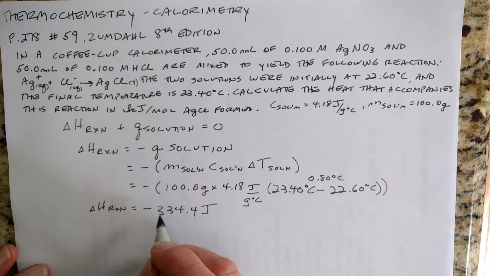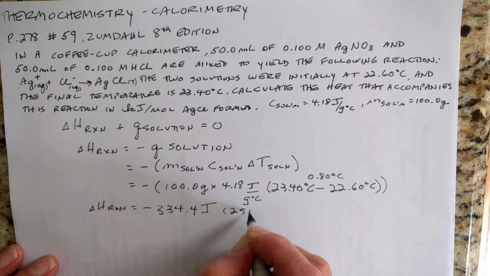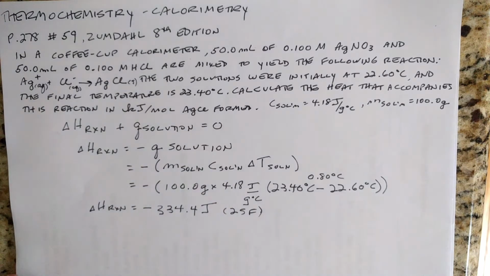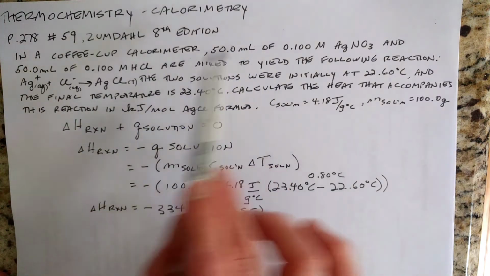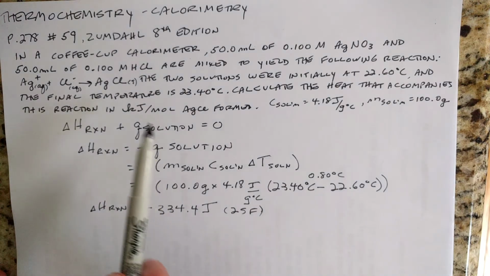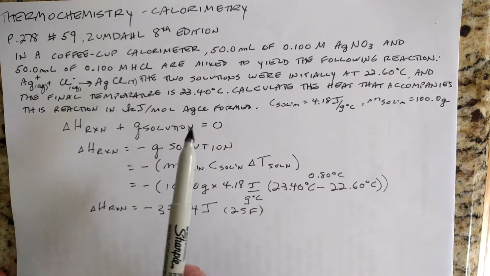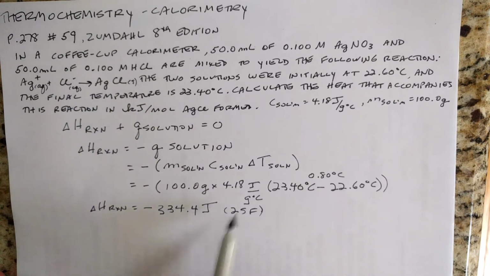I'm going to calculate the sig figs later. I'll put a little note here that this should have 2 sig figs, but I'm going to leave that till later. So now this is the heat that gets released for the amount of the chemicals that we combined. What we need to do now is figure out how many moles of AgCl were produced when this amount of heat was released.